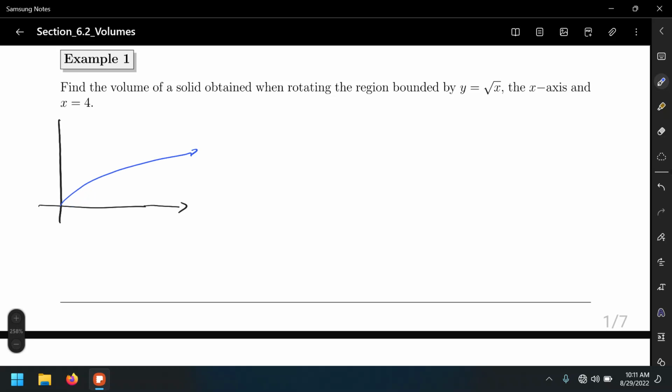Okay, that's one to begin with. The x-axis is one of the bounds. All right, and x equals 4. So the vertical line, 1, 2, 3, and 4. All right. But notice we're not finding the area. We're finding the volume. So we will rotate, by the way, something I needed to write over here, rotating the region about the x-axis.